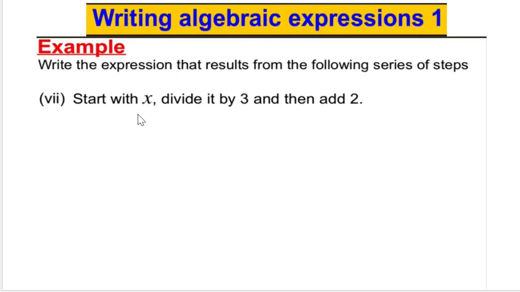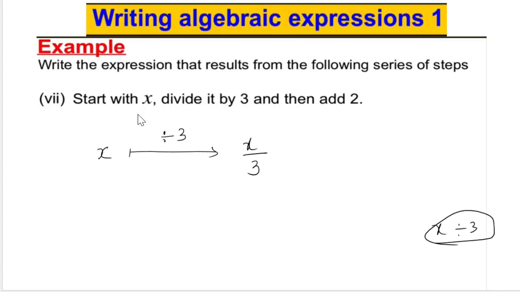Okay, the last one is: start with x, divide it by 3, and then add 2. So you have to start with x, make an arrow, divide by 3. So that would be x divided by 3. We cannot write it this way. That's the standard way, x over 3. And then add 2. So this will become x over 3 plus 2.